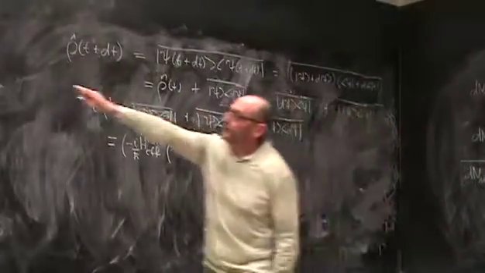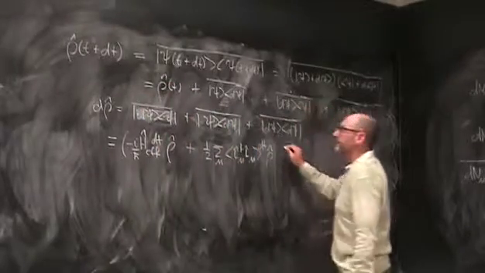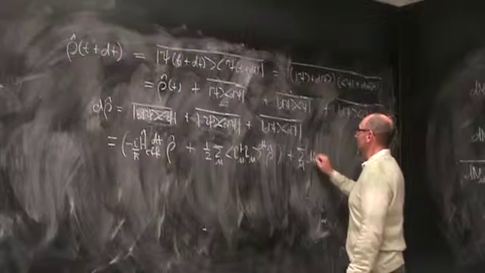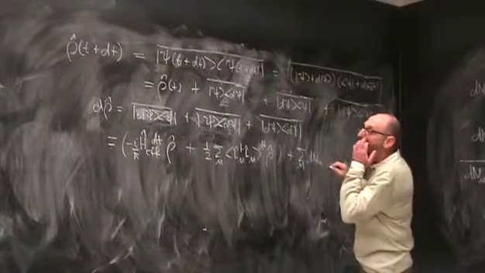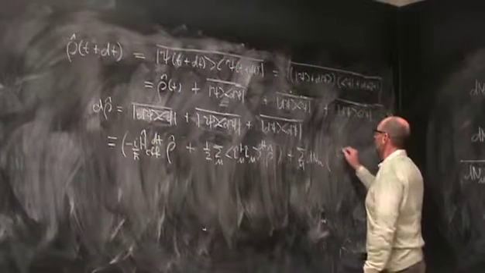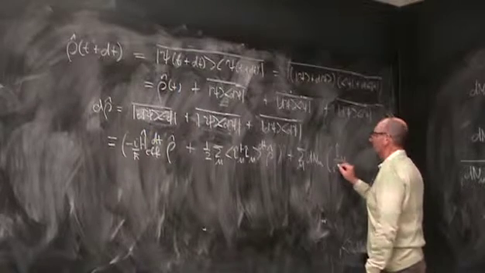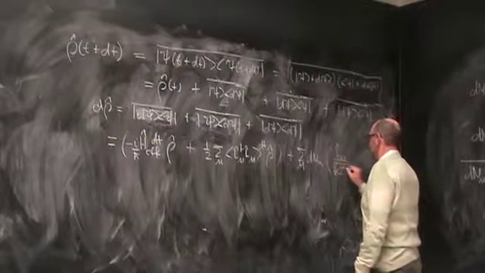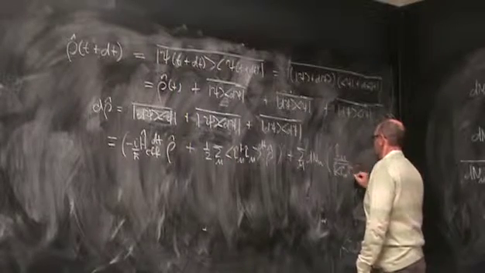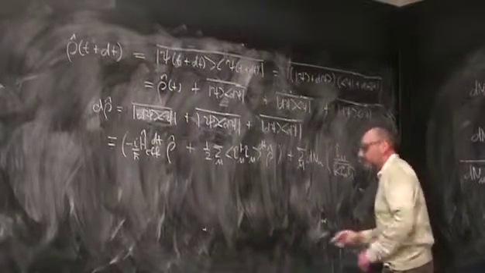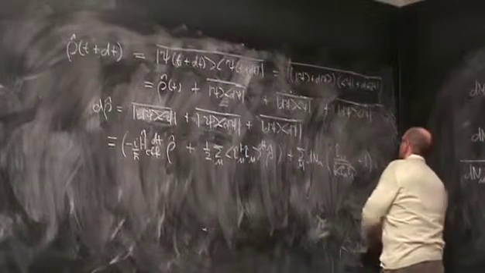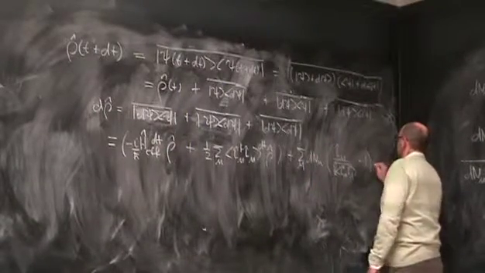That's the first term. And then I have plus sum over mu of dN mu, L mu over the square root of the expectation value, minus 1, rho.